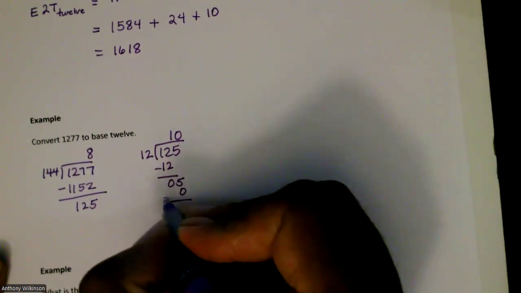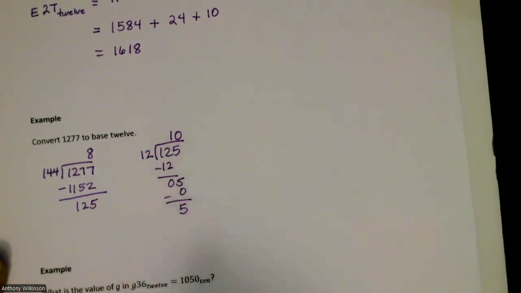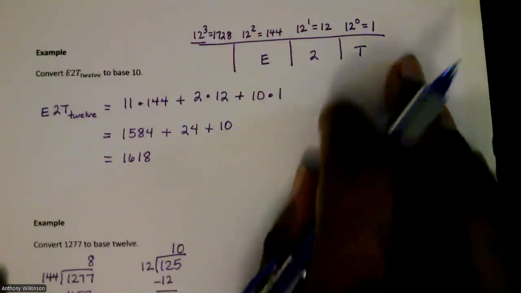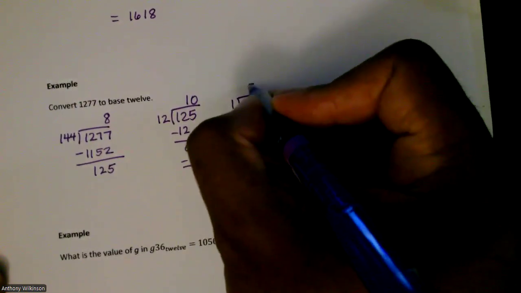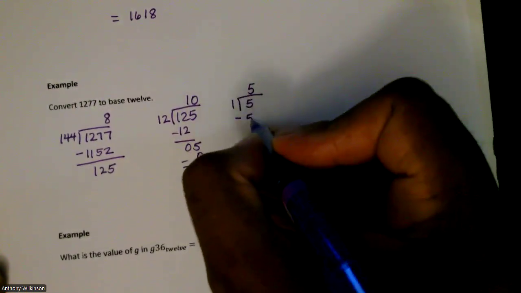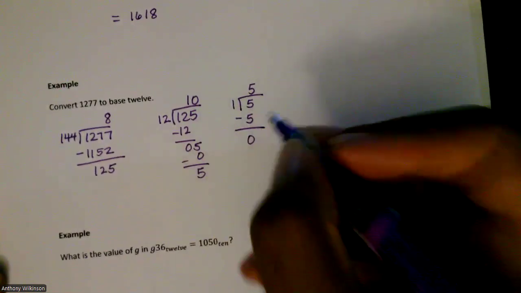So I write down the 0, but I'm going to have 5 left over. And then the next lower power of 12 will be 12 to the 0, which is 1. So that means 1 goes into 5, of course, 5 times. 5 from 5, that'll be 0.